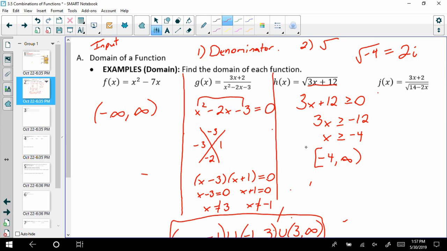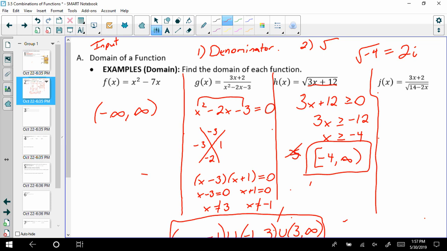But notice if I go outside of that, if I were to say, oh, I'd like to use -5, if I plug -5 in, I'd get -15 plus 12, which is -3, and I'd have to take the square root of that, which is imaginary. So this is my domain. -4 on up would work. Anything else? No.